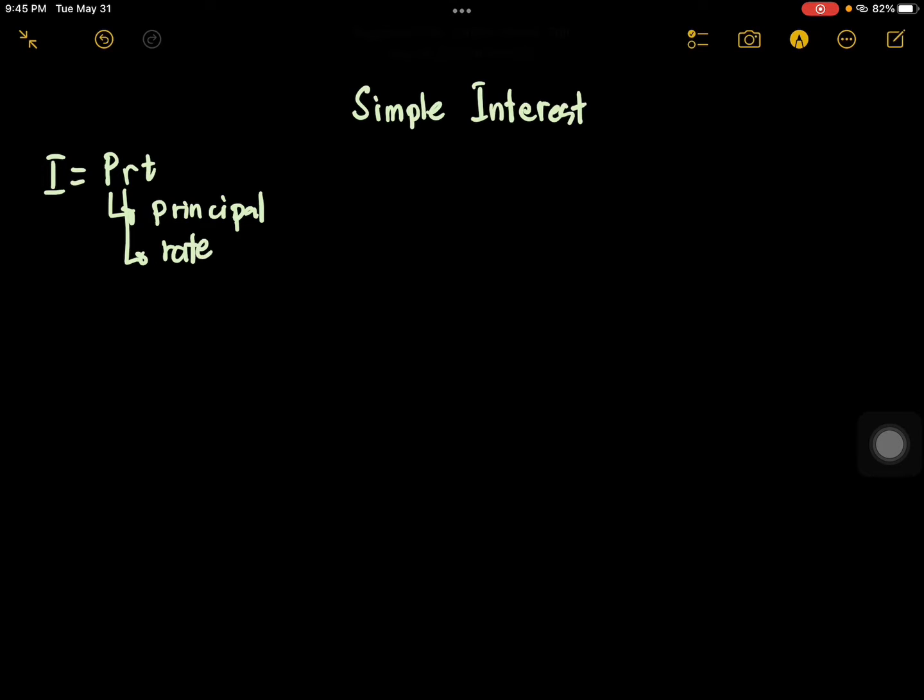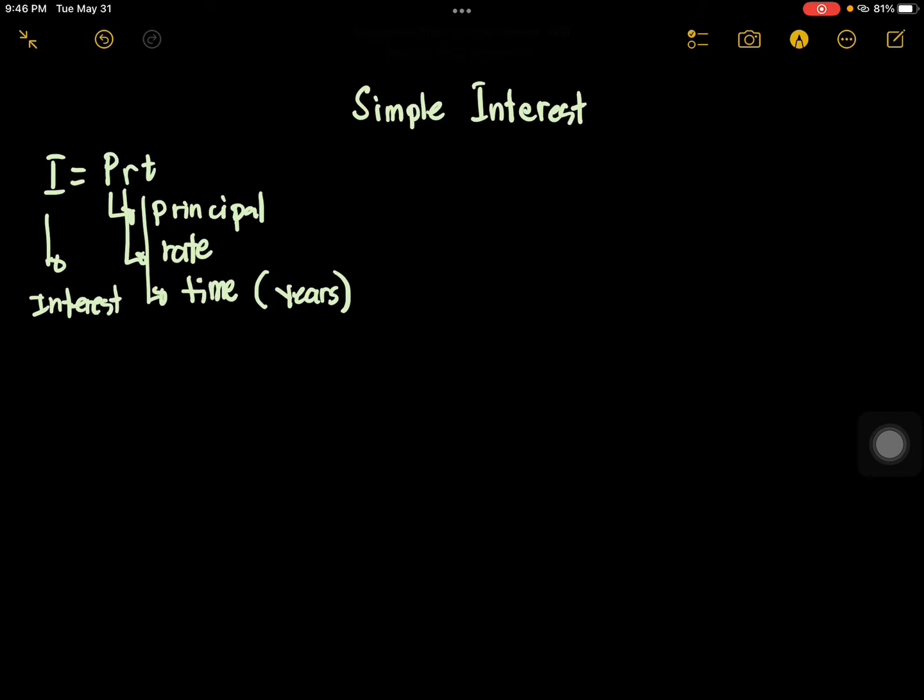This is the percentage of the principal charged as interest each year. And T is for time, and the unit should be in years. And of course, I is interest.